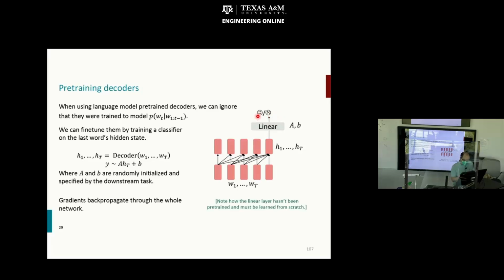All but A and B would be initialized, and A and B are a very small number of parameters compared to the whole model. Of course, the gradient will propagate through the whole network in the fine-tuning stage. So this is pre-training the decoders.